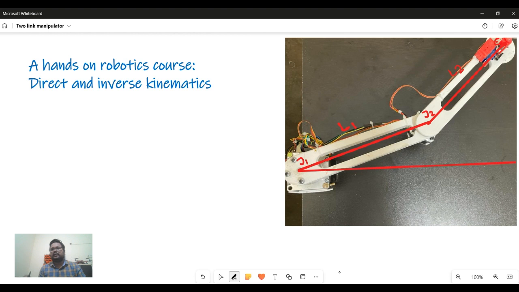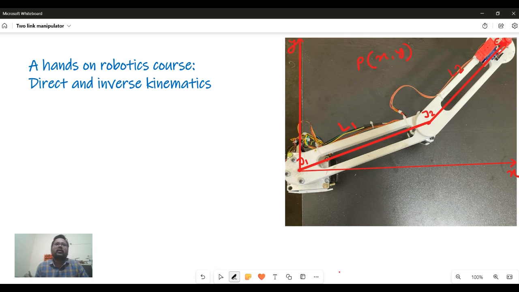This is the x-axis and this is the y-axis. Every point in this workspace can be marked as a point p, consisting of coordinate points x and y.